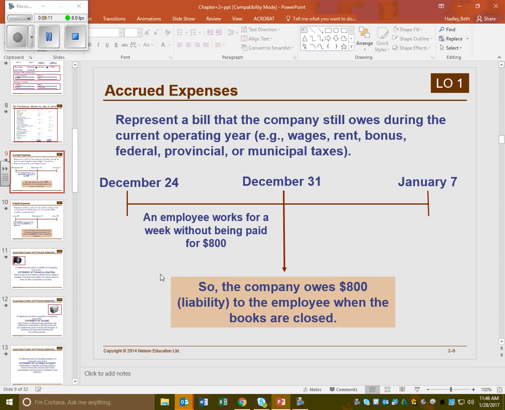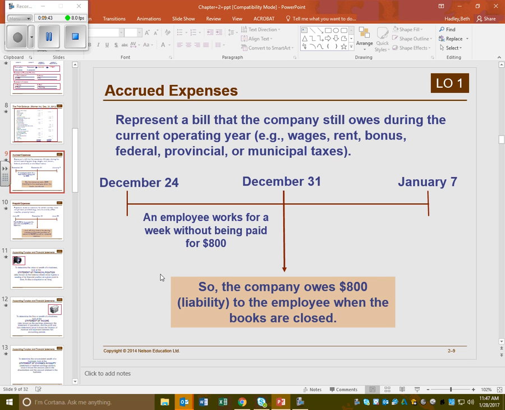Even if you haven't paid your employees' wages yet, you would still have to claim them for the month, put them in as wages expense, and you would put it in as wages payable, for example. Or if you haven't paid your phone bill for the month, it would still go under telephone expense, and the other side would be accounts payable.